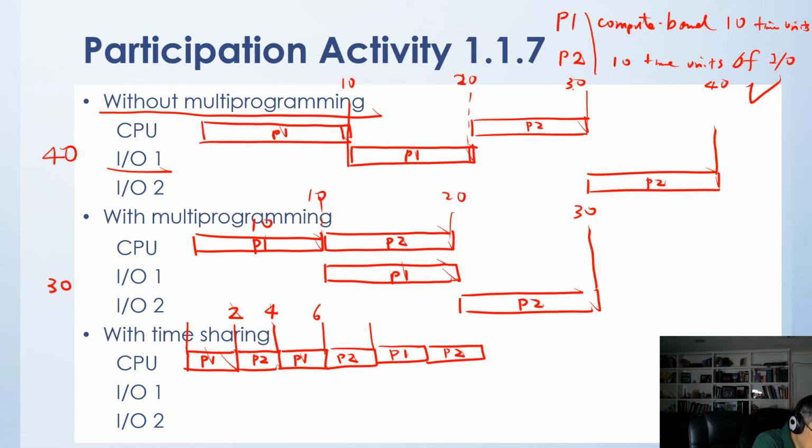Now, how many fractions do I need for each process? Because each time you're going to run 2 time units, and the total CPU operation is going to be 10 time units, I need 5 pieces, right? Let's say 1, 2, 3, 4, 5.